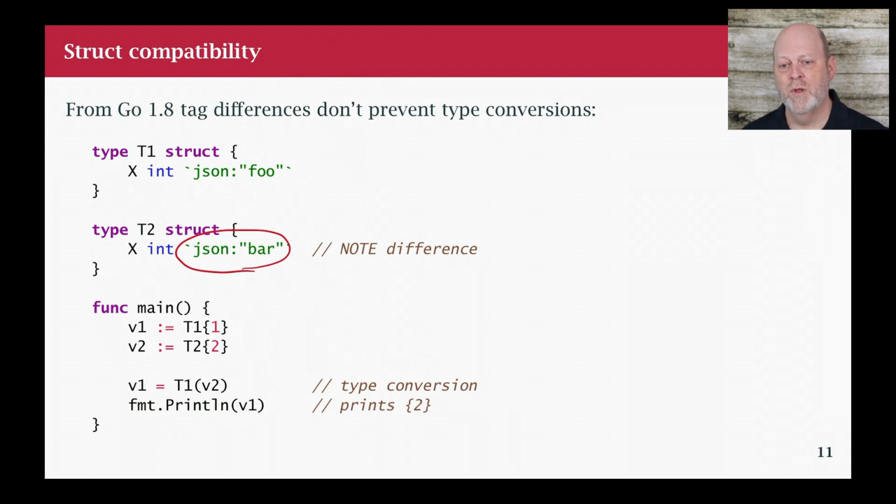Somebody realized, well, for the purpose of actually just copying the underlying data, we should be able to do a type conversion and ignore the tag, because the tag is sort of an extra piece of data. And so as of 1.8, even if I have different struct tags, but they're otherwise the same field names, same field types, same order, then the type conversion is okay, and we can do that.